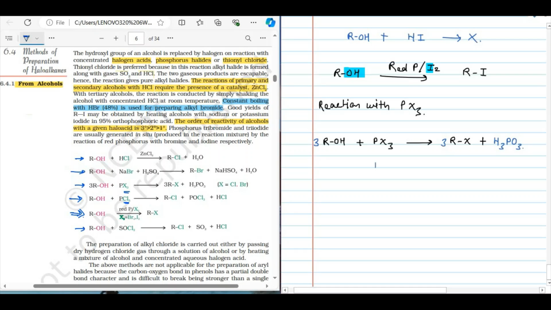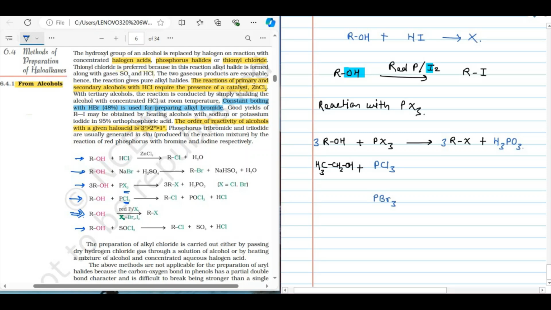So here you can take PCl3 or you can even take PBr3. When alcohol reacts with phosphorus trichloride, you can write any alcohol. You can write here CH3CH2OH.